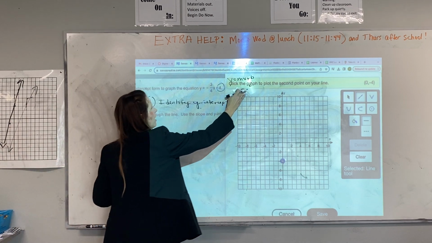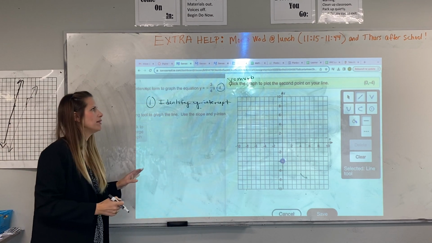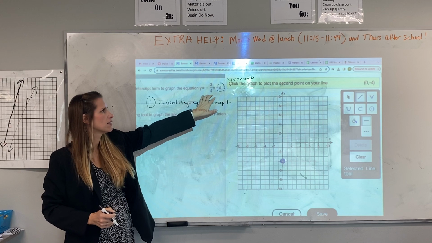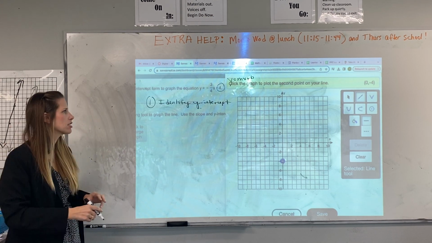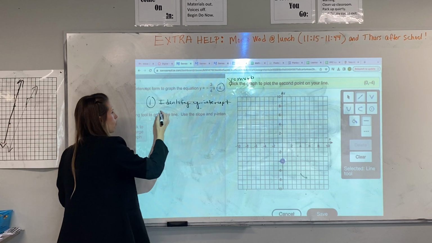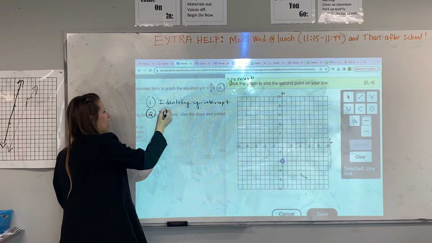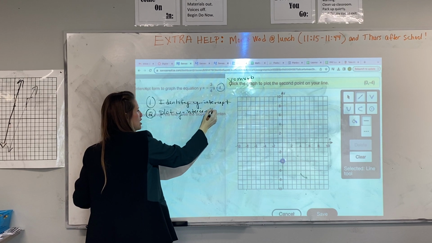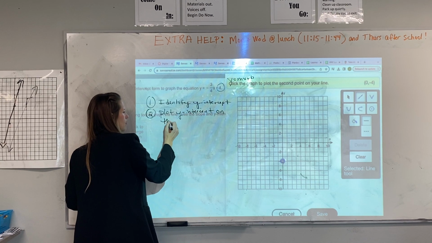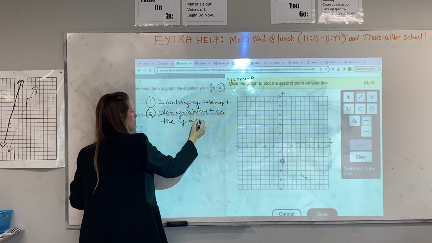So now that we have our y-intercept, what can we use from this to find our next point? Good, our slope. So step one was identify your y-intercept. Step two was plot y-intercept on which axis? The y-axis. Good.